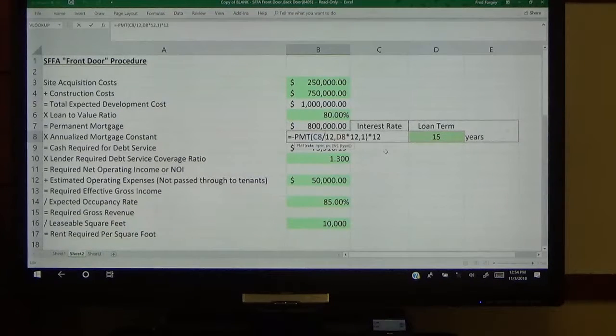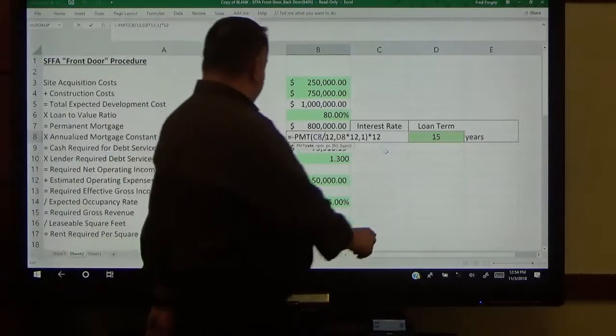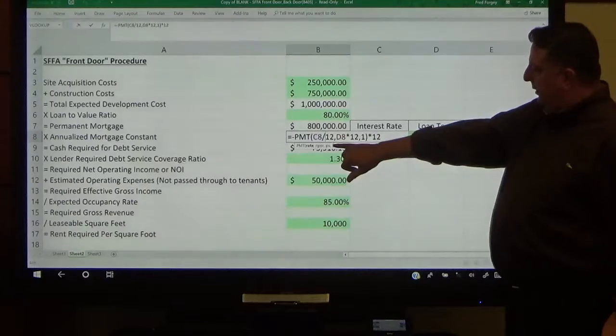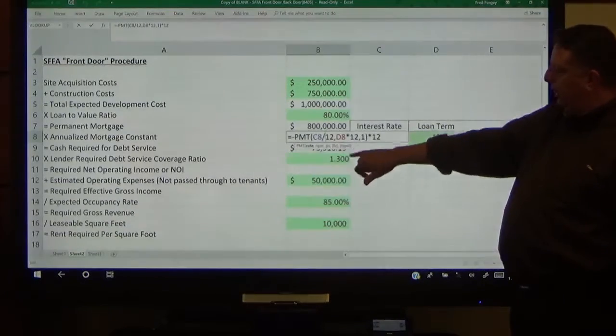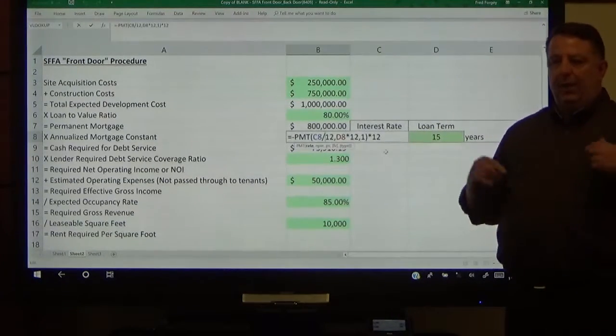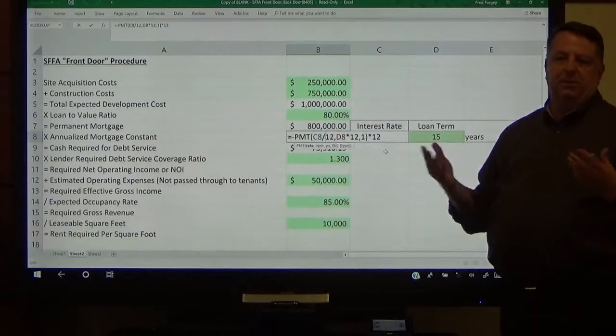You didn't put the type? You don't need to put it because it'll automatically assume it's the end of the period. If you can see up here, but obviously on your own screen, it has the future value and the type both in brackets. Anytime Excel has something in brackets, it just means it's optional.